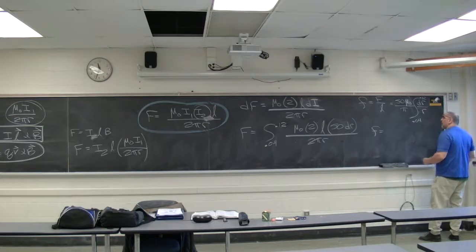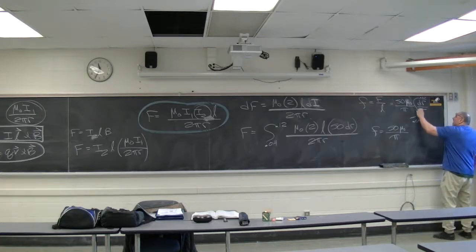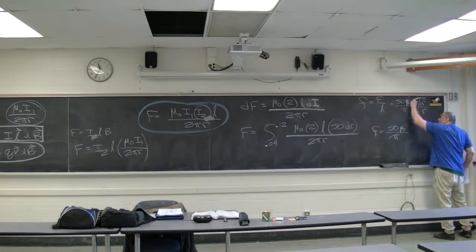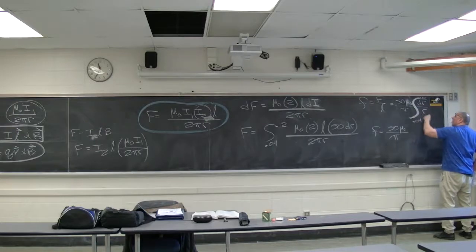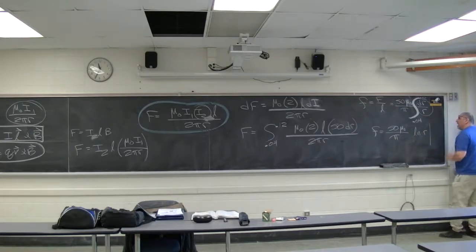So what do we got? You've got 50 mu 0 over pi. The integral of this is ln r. Evaluate between 0.04 and 0.12.